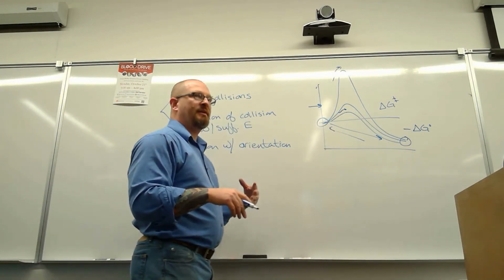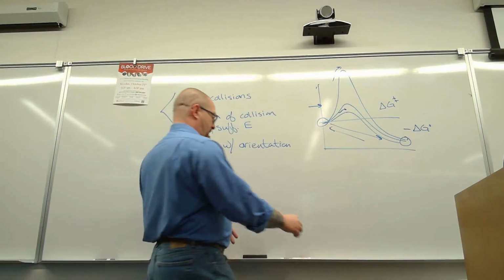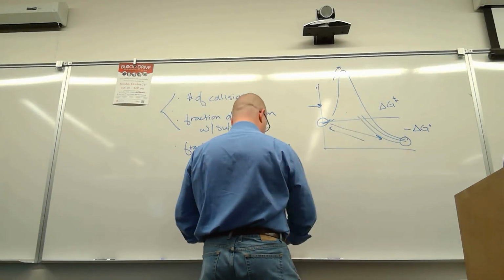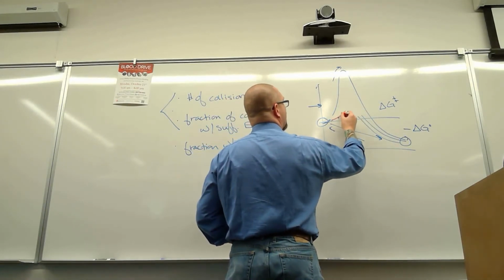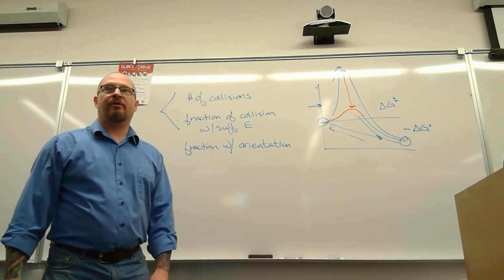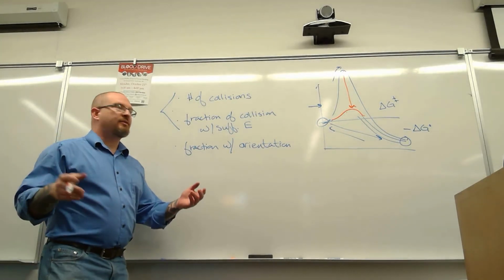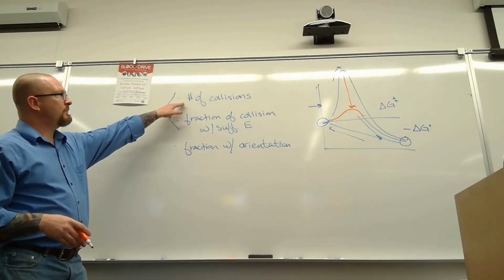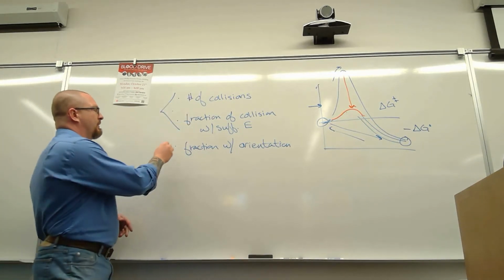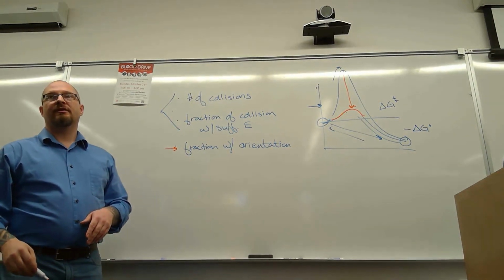Now, we've been talking about heat. The way enzymes or catalysts work is by directly intervening with that barrier and reducing it. And the way they do that is not through improving the number of collisions or the fraction, but dealing with orientation.